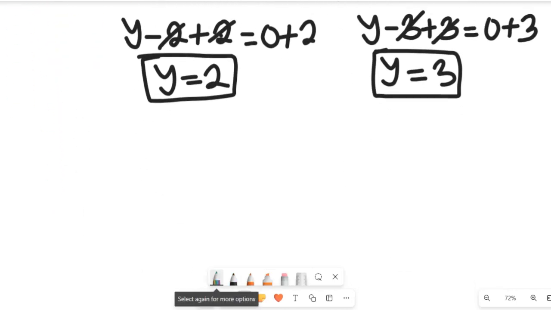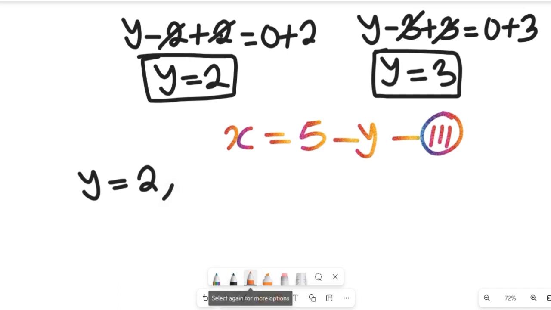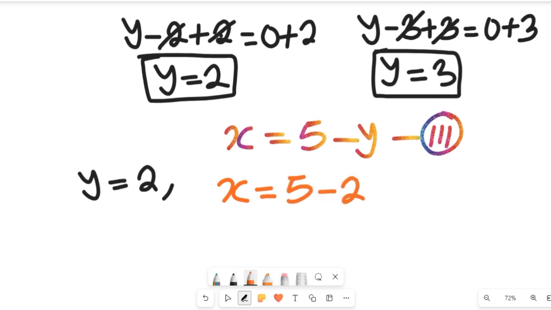We have x equal to 5 minus y, and that gave us equation 3. So if we have the value of y equal to 2, our x will be equal to 5 minus 2, and then our x will be equal to 3.